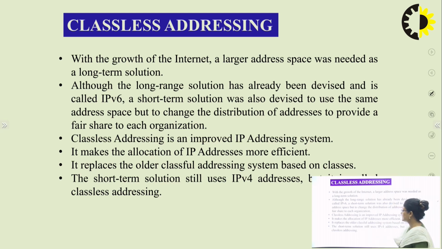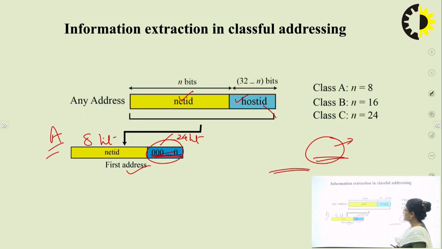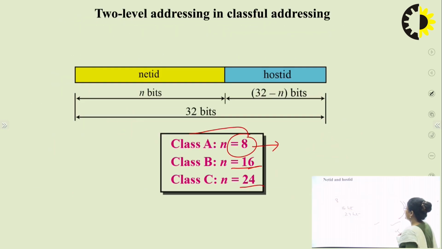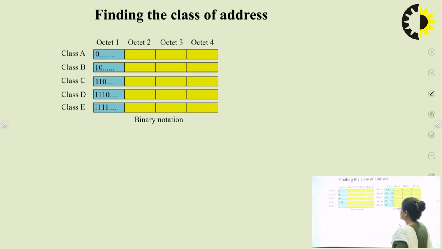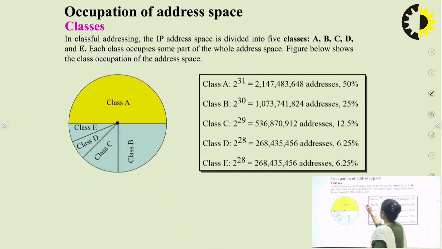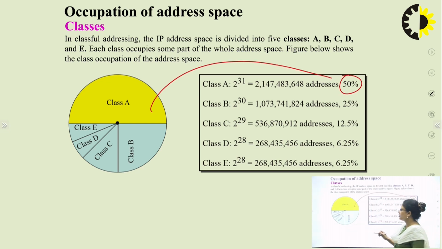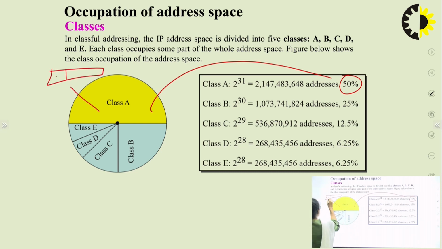In classless addressing, as I told you, it basically tries to overcome the drawbacks of classful addressing. And what is the drawback? If you look at this figure, Class A is taking up an entire 50% of the addressing, and in Class A, if you remember, net ID is of 8-bit and host ID is of 24-bit.